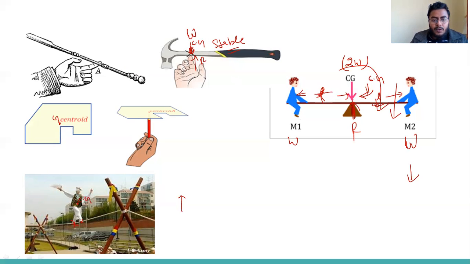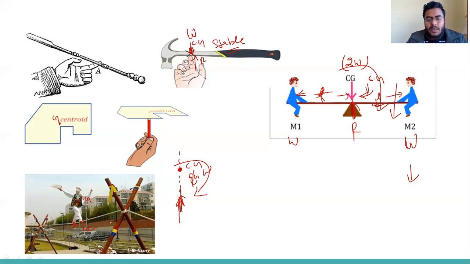So what he will do is try to keep his center of gravity on the line of support. Once the center of gravity is here, it will not get any moment, so he can stand like this. But once the center of gravity is somewhere here, due to his weight it will feel a moment, and he cannot stand on this rope. Okay, so this is the art.